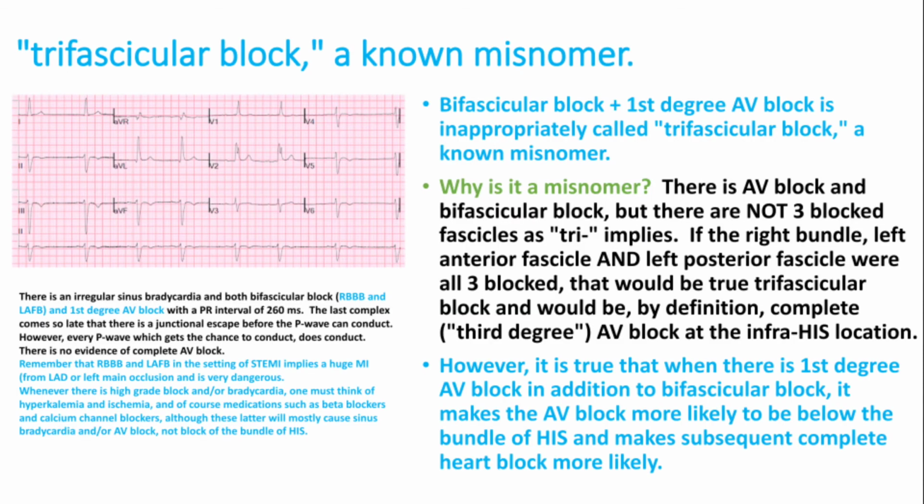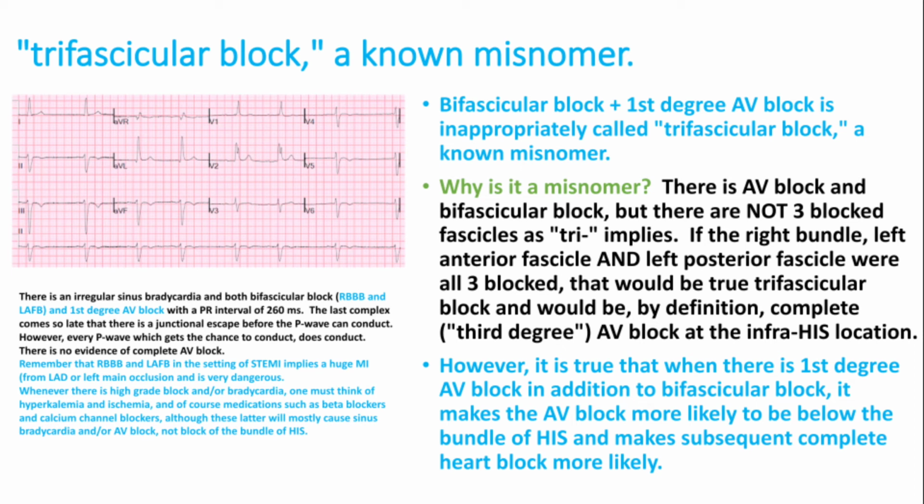You might have understood that this is a misnomer. The term trifascicular block is a misnomer because you have only a bifascicular block and another one is an AV block. First degree heart block is an AV block, but still we call it trifascicular block.